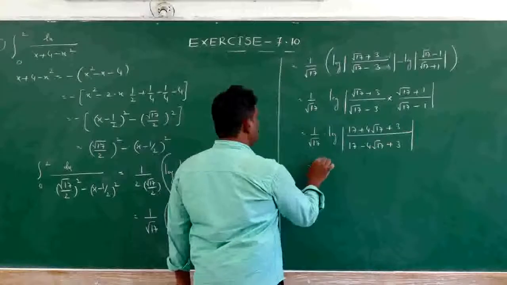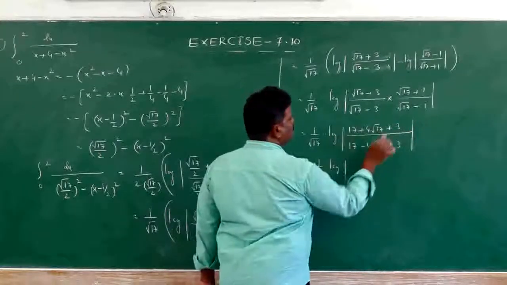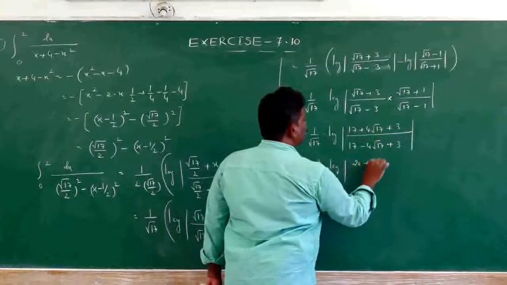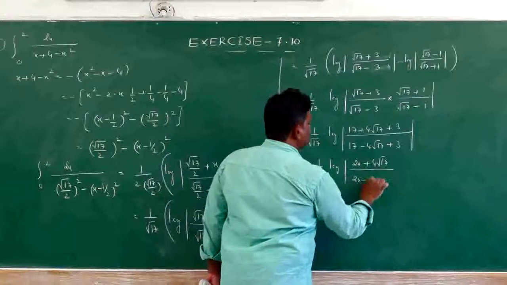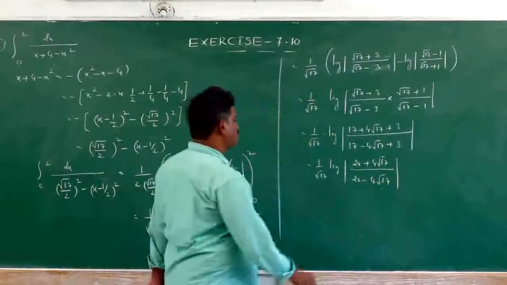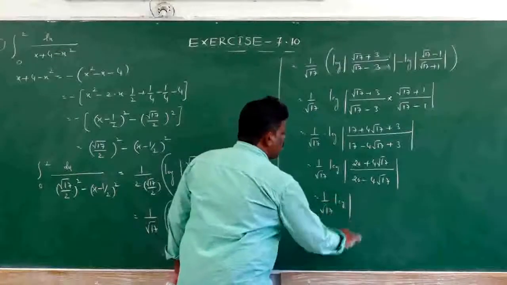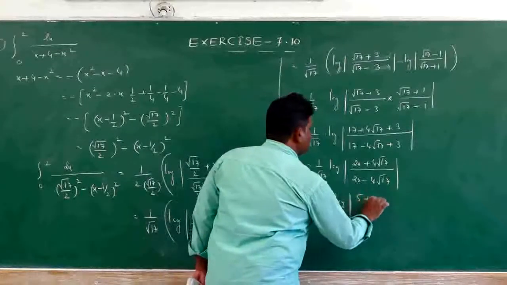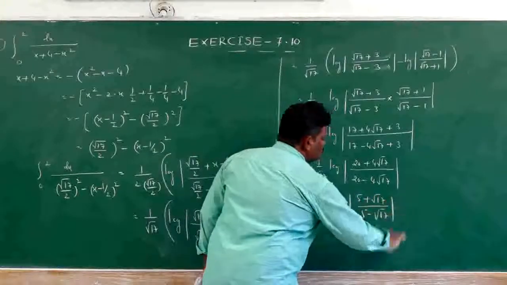Now that is equal to 1 by root 17 log of 17 plus 3, 20 plus 4 into root 17, 20 minus 4 into root 17, okay na. So 4 common if you take in numerator value, that is equal to 1 by root 17 log of 5 plus root 17 by 5 minus root 17.